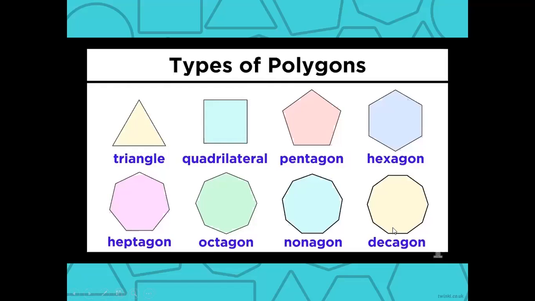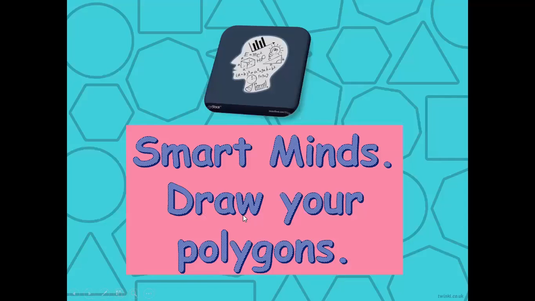Okay. Now, I know that you are smart minds. We have seen those different polygons: triangle, quadrilateral, pentagon, hexagon, heptagon, and others. Let me not mention those ones. So draw any of them of your choice.